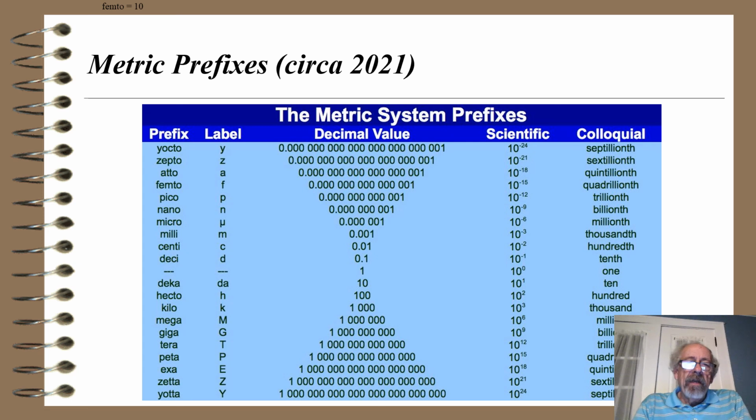As we have improved our instrumentation, we have kind of invented new symbols for things that represent either extremely small or extremely large numbers. And you notice these are all, again, engineering notation where everything is a factor of 3.